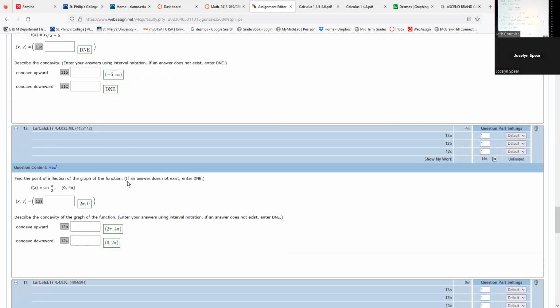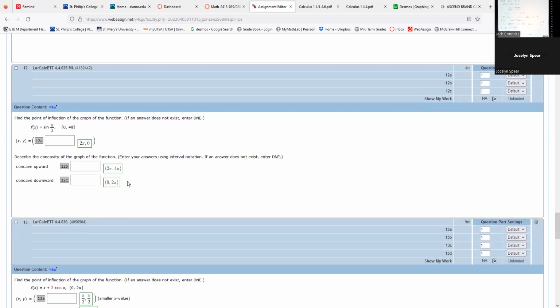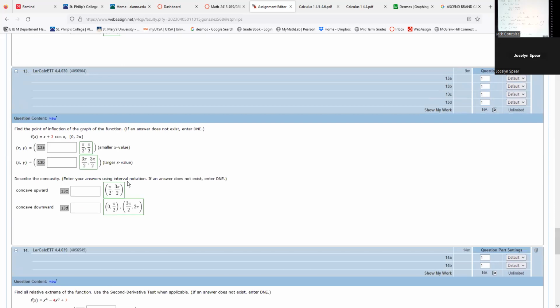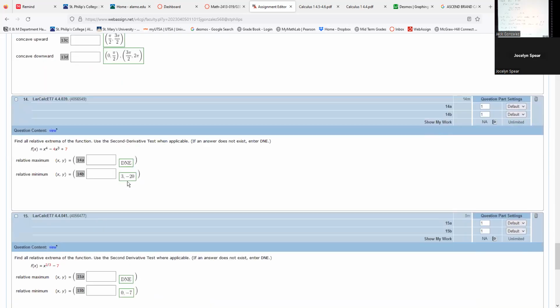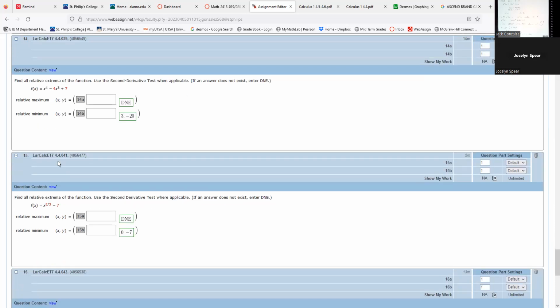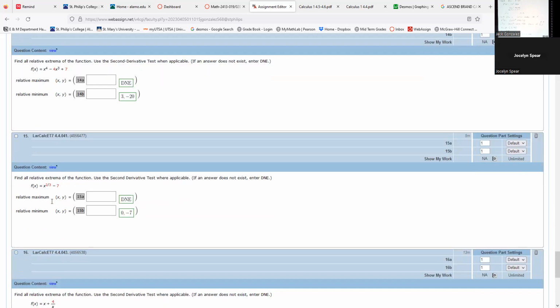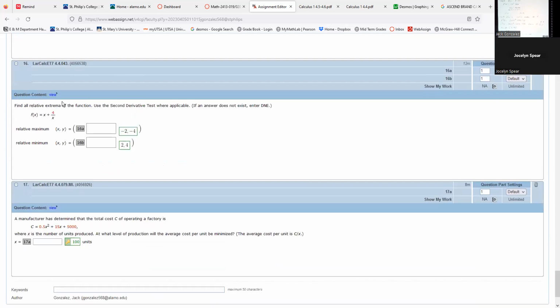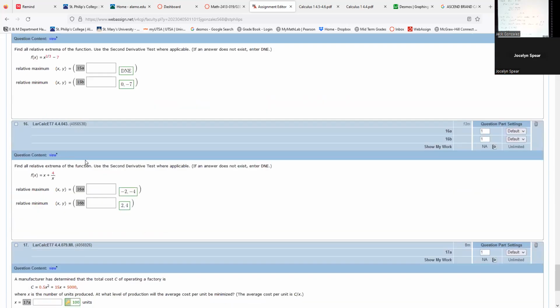Oh, that looks easy enough. And the last four are about max and min. Easy. So it's not too bad, right? Just find the criticals and plug them into the second derivative. Yeah. All right, cool. Let's look at the next section then.